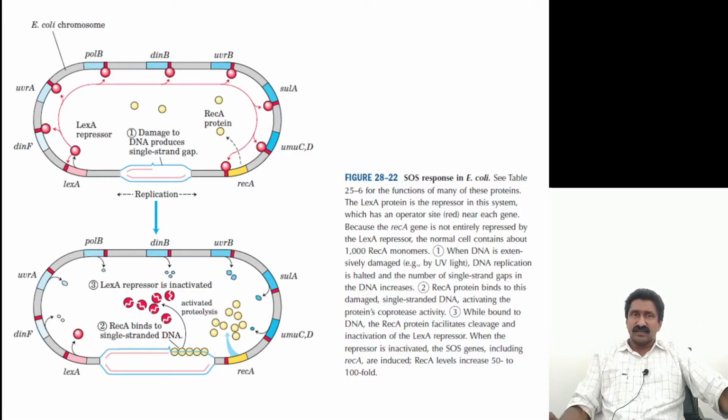When it is extensively damaged, the DNA replication is halted and the number of single strand gaps in the DNA increases. Then RecA protein binds to the damaged single stranded DNA. This protein binds to the single stranded region of the DNA, activating the protein's coprotease activity.